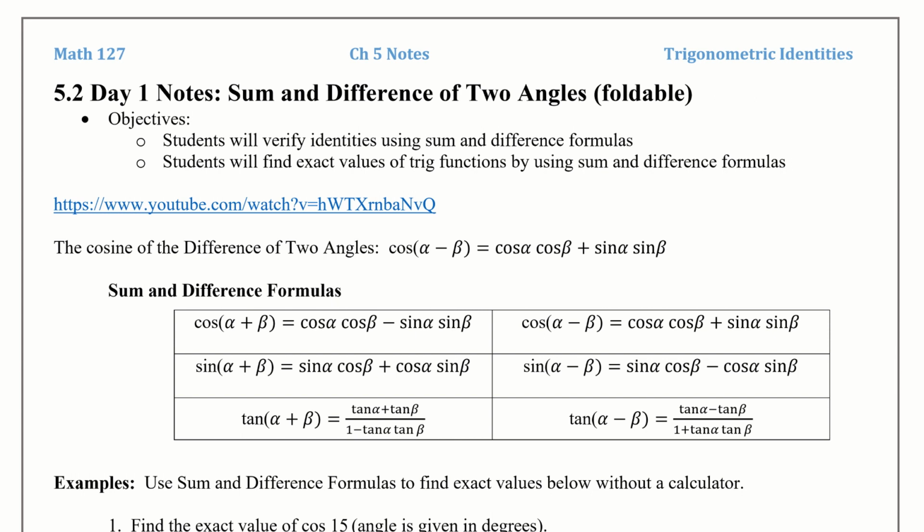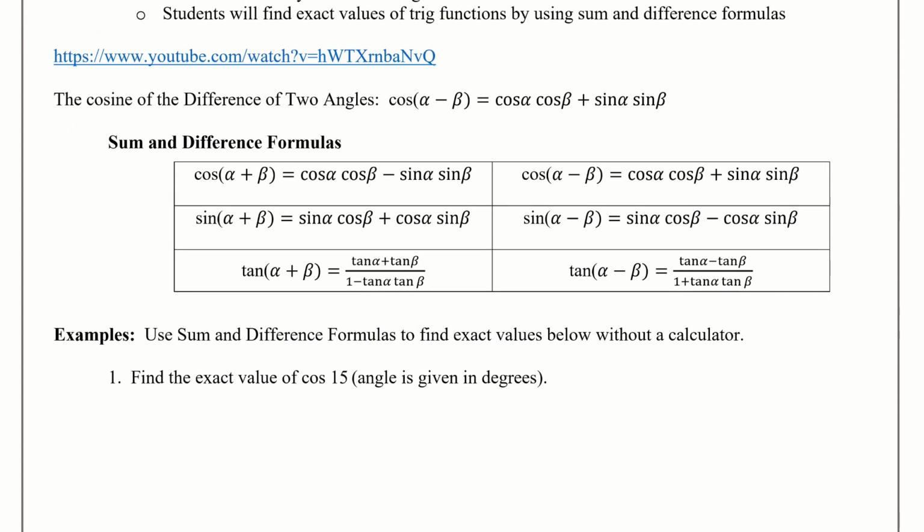So here are the formulas that we're going to be using today. For cosine, if you have two different angles and you're subtracting those angles before you take the cosine, keep in mind this is the argument right in here. So alpha and beta are two different angles.